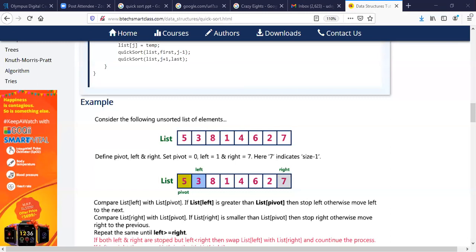Now all of you take a paper and note down the following programs.